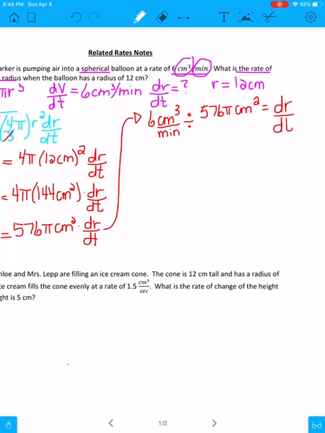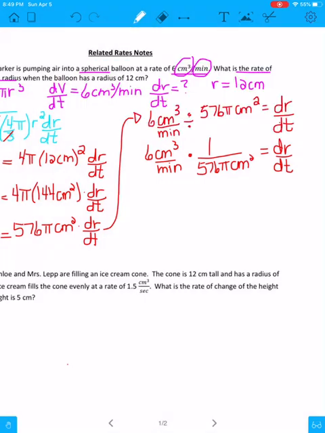Then I can flip that and multiply. So I get 6 centimeters cubed over minutes times 1 over 576 pi centimeters squared equals dr dt. Then just like in physics, we cancel off.